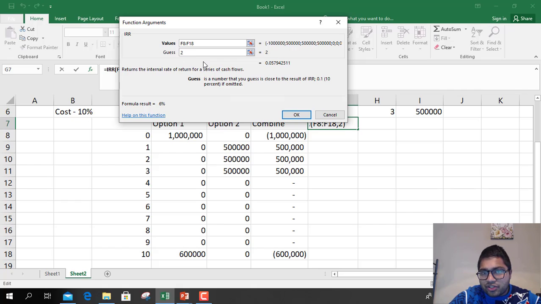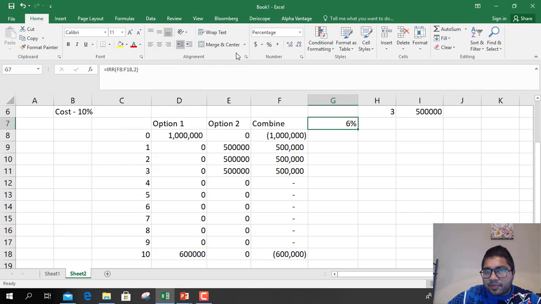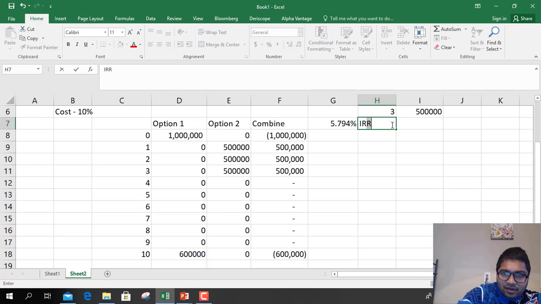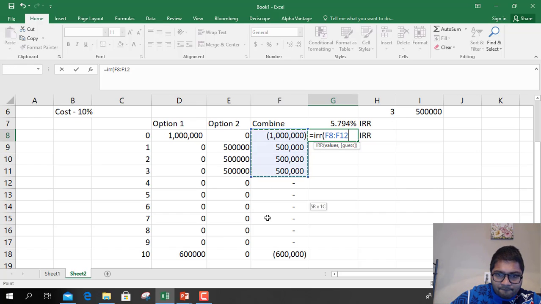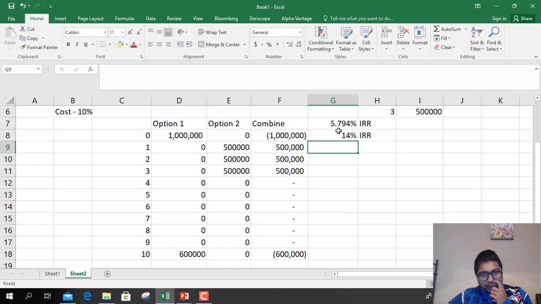So if you put guess 2, it gives you 5%. I'll show you, both of these are IRRs. At both these interest rates, the NPV becomes zero. So both these interest rates are correct answers.